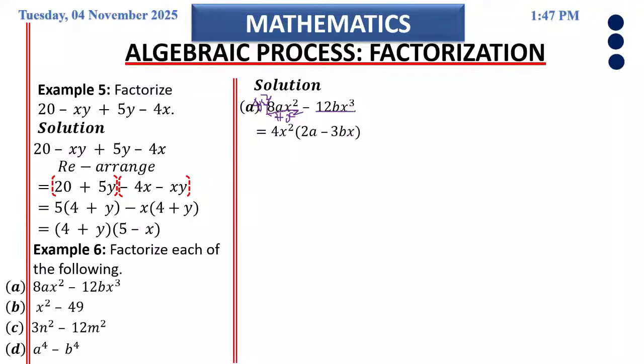And then you have your 4x squared here too. I hope you can see what I'm trying to show you. Maybe I should put it somewhere. That means we have 8a x squared minus 12b x cubed.